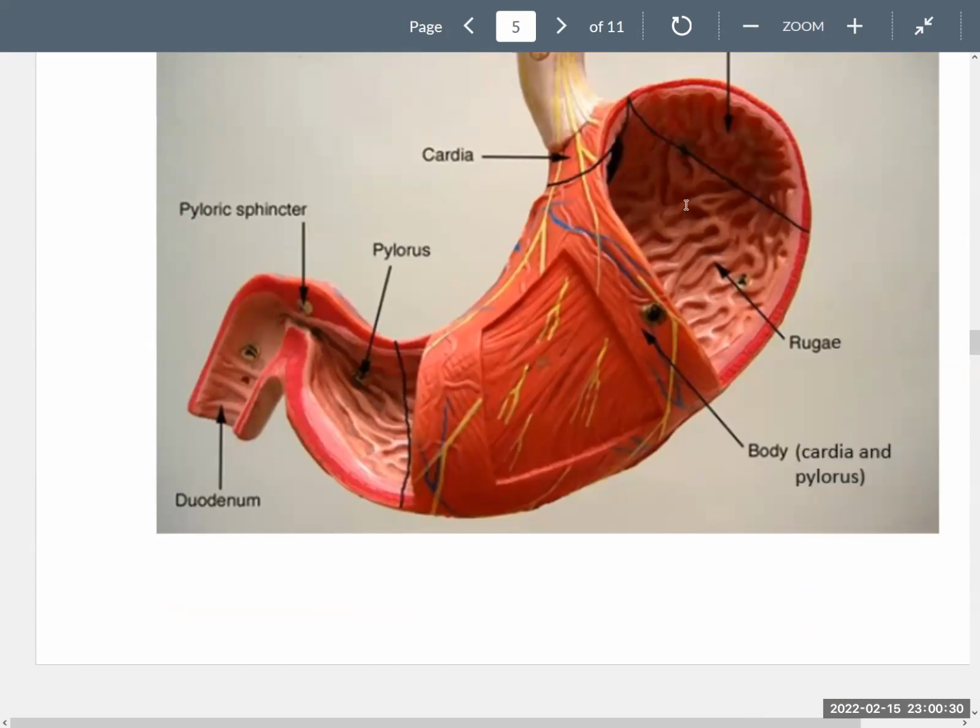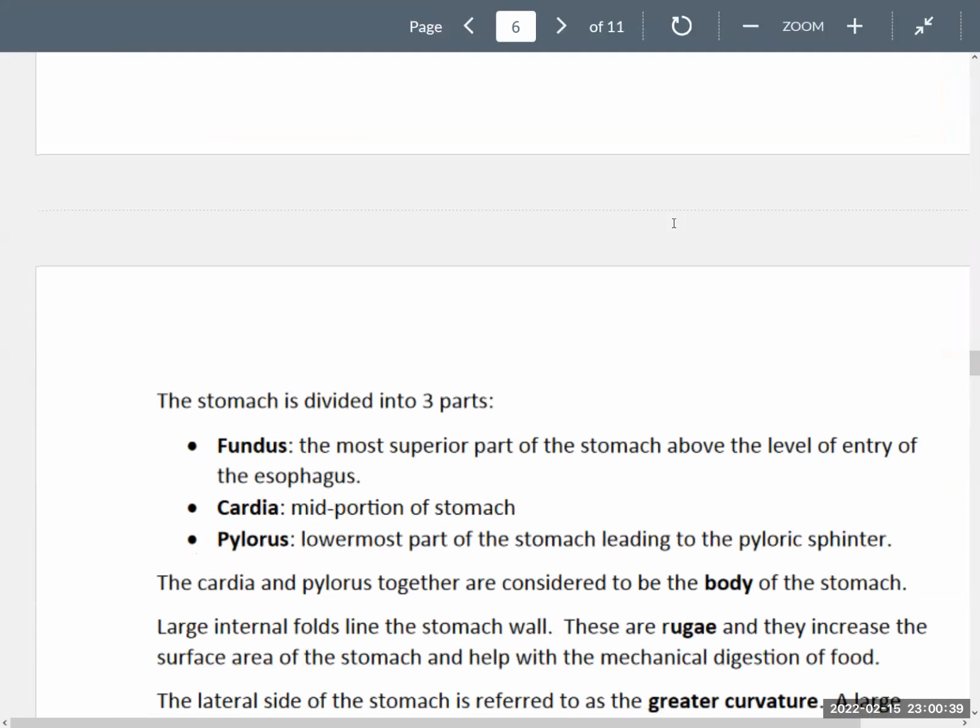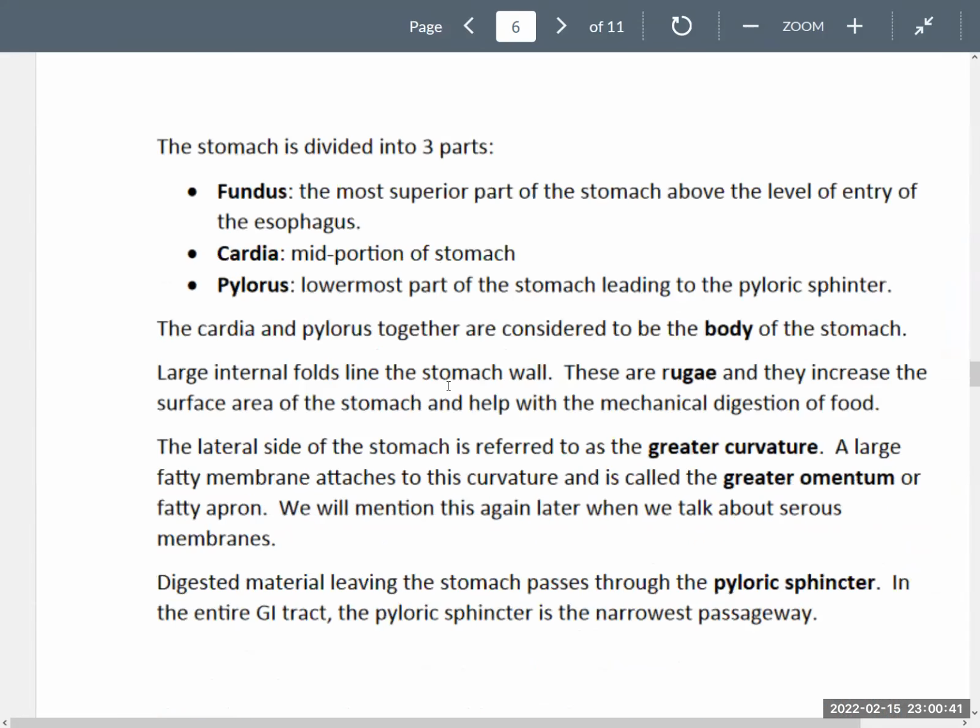So the body of the stomach is from here to here. Here's our rugae, increase the surface area and help with mechanical digestion.